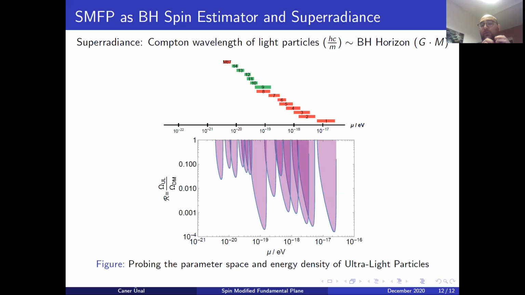If you could determine the spins of, or put lower bounds on the spins of, the very heavy AGNs, it allows you to probe very light bosonic degrees of freedom, as long as their Compton wavelength is proportional to the horizon size. This allows you to rule out or probe some parts of the parameter space of light particles. We are now probing some very interesting range which has not been probed before. We further constrain the energy density of such particles to less than 10% for given ranges.